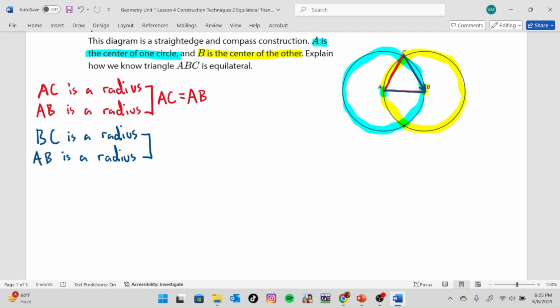And again, if these line segments are both radii on the same circle, then they are the same size.